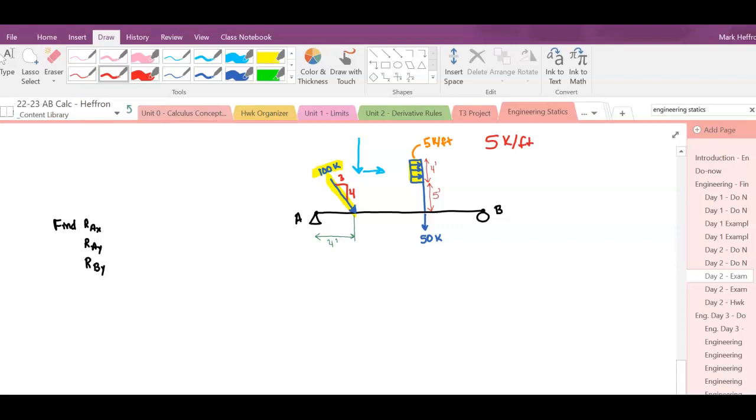So that means for every foot of sign, we have 5 kips being applied. The sign is 4 feet. The feet cancel out, 4 times 5. This really is 20 kips of force.